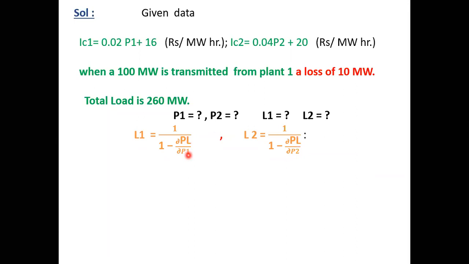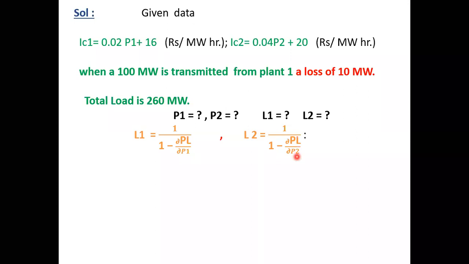L1 is in terms of incremental power loss with respect to power generation by power plant 1. Similarly, L2 depends upon incremental power loss with respect to the power generation by plant 2. These two are very, very important.